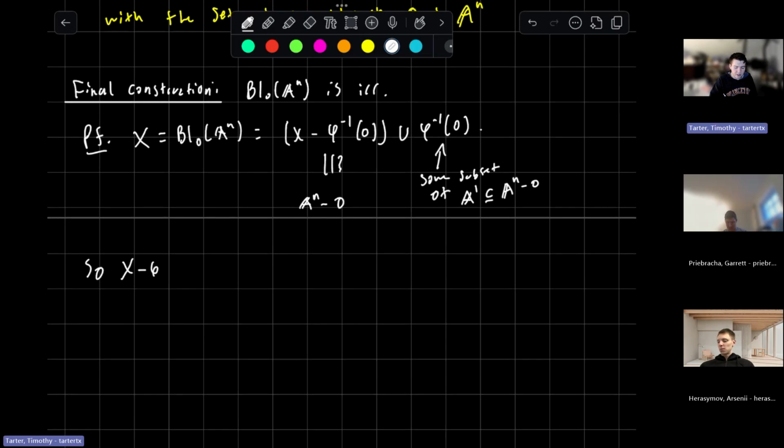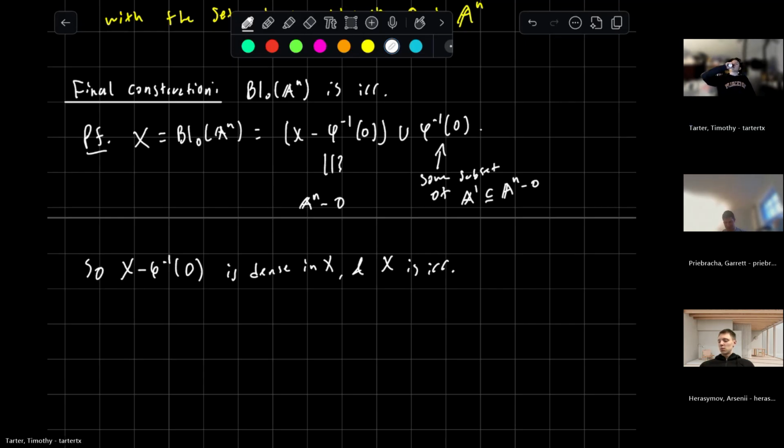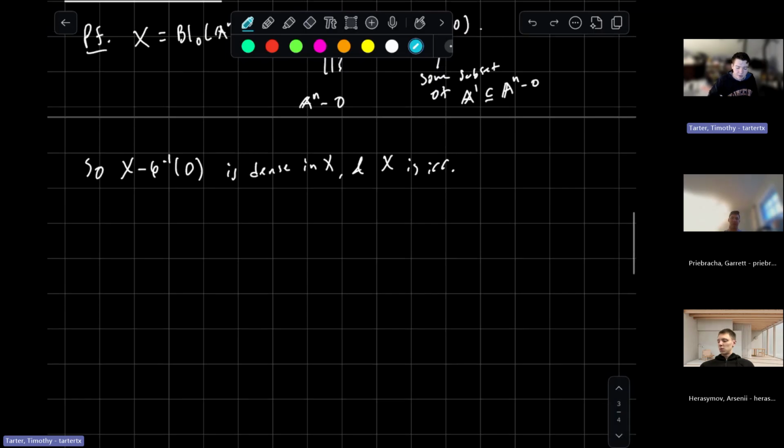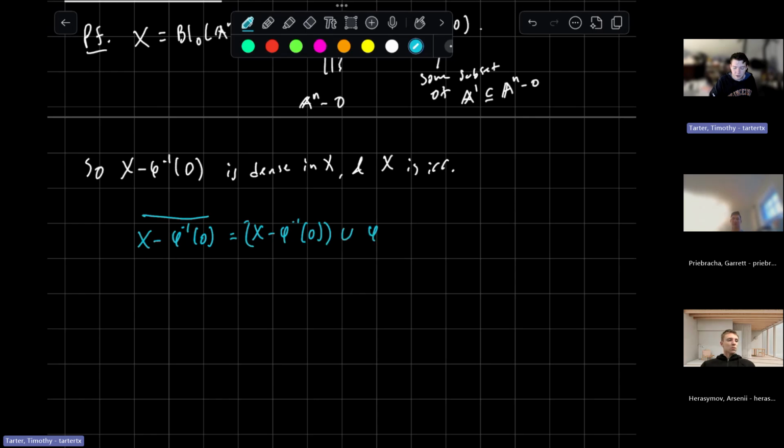And so then x minus phi inverse of 0 is dense in X. And X is irreducible. Essentially, this is the closure: x minus phi inverse of 0 closure is equal to x minus phi inverse of 0 union phi inverse of 0, which is equal to x.